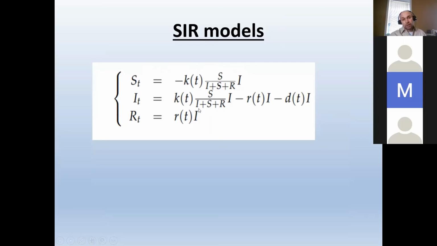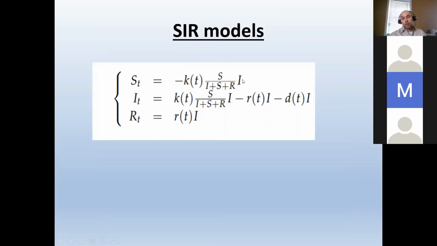This is an interesting idea: to think about how the vaccine will act on the R. You can either add some compartments with vaccinated, but typically you can simplify by saying that the vaccinated people are, in the first approximation, like recovered people.